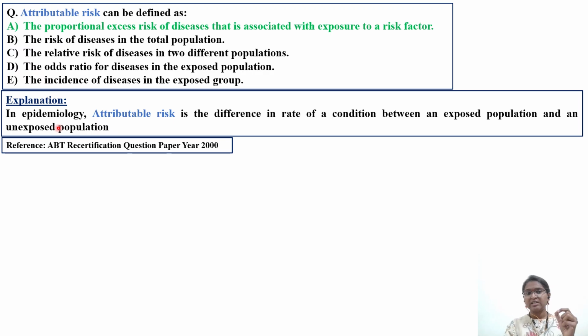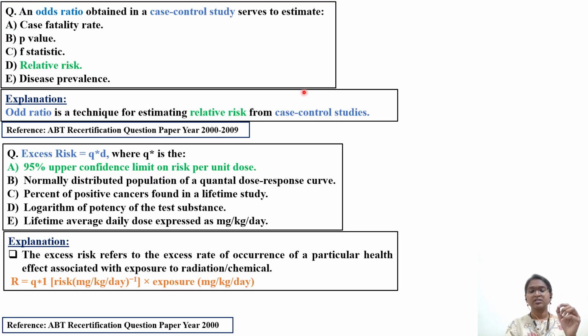The explanation is that in epidemiology, attributable risk is the difference in the rate of a condition between an exposed population and an unexposed population. So you have to understand the difference between relative risk and attributable risk. In relative risk, it is the exposed population by the unexposed population, whereas in attributable risk, it is a proportional exposure. Okay, so we'll see what the other options are.